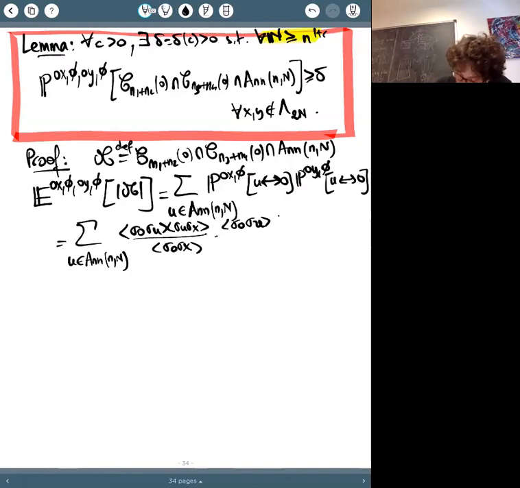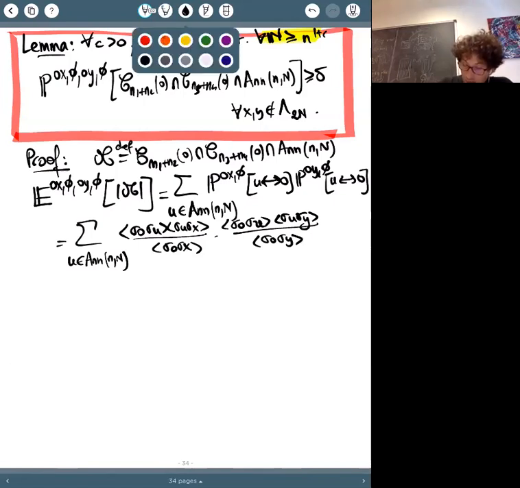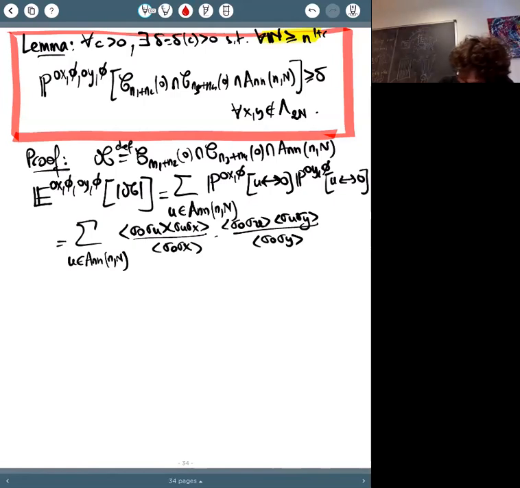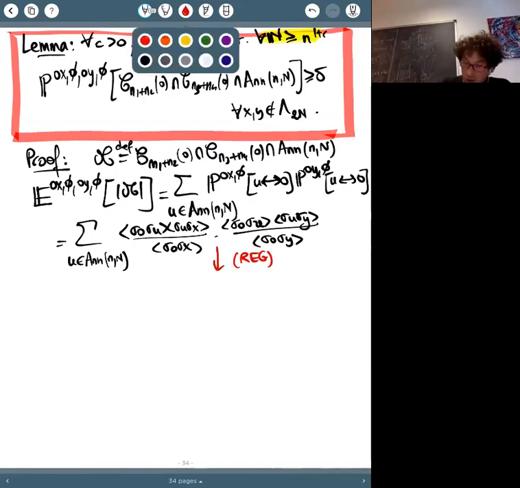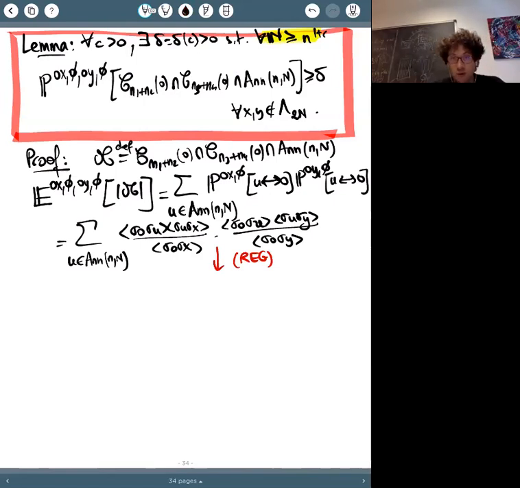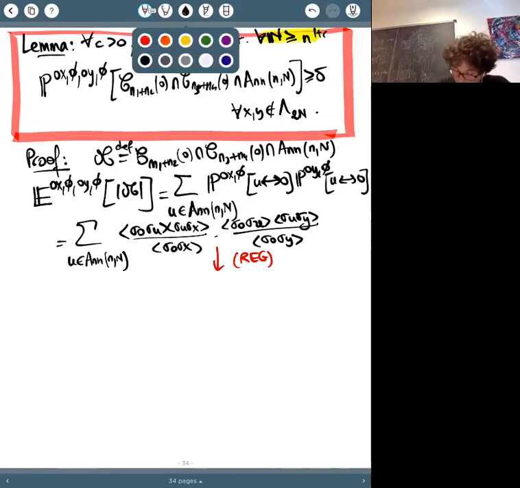Sorry. Now, when I plug my regularity assumption, when I use the fact that you are up to constant of the order of the green function, you notice that this thing basically cancels with this thing.